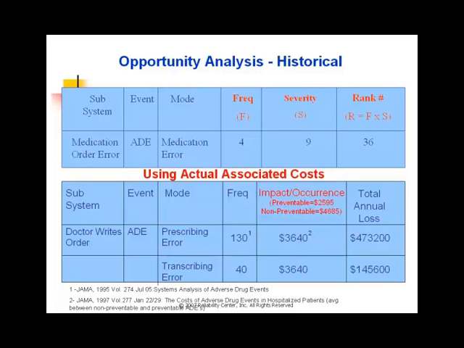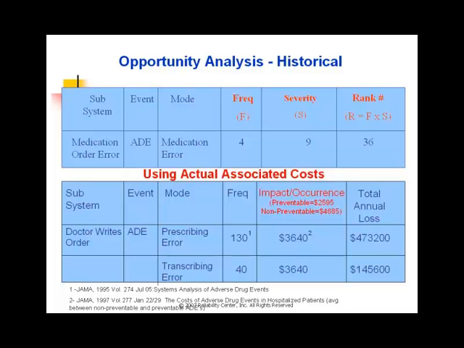Now when we're reporting inside the hospital, we may be able to make use of the financials. The spreadsheet column headings apply the same. We're going to say here that in the subsystem where the doctor writes the order, we have had an ADE as a result of prescribing errors.